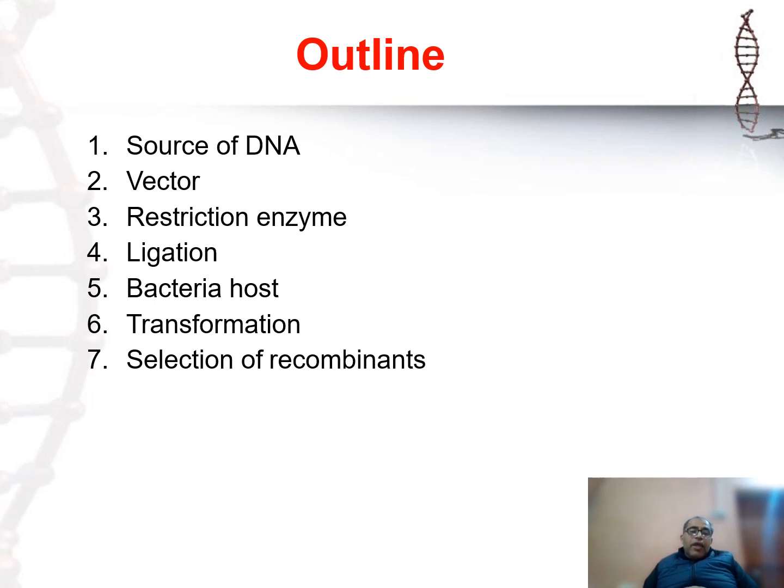For the bacterial host, we can use chemical competent cells or electrocompetent cells for bacterial transformation as well. Chemical competent cells can be used for heat shock, and electrocompetent cells can be used for electroporation.